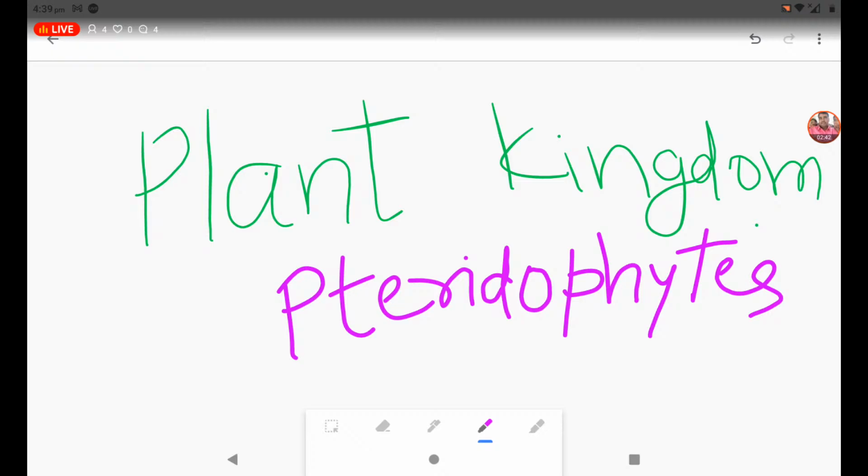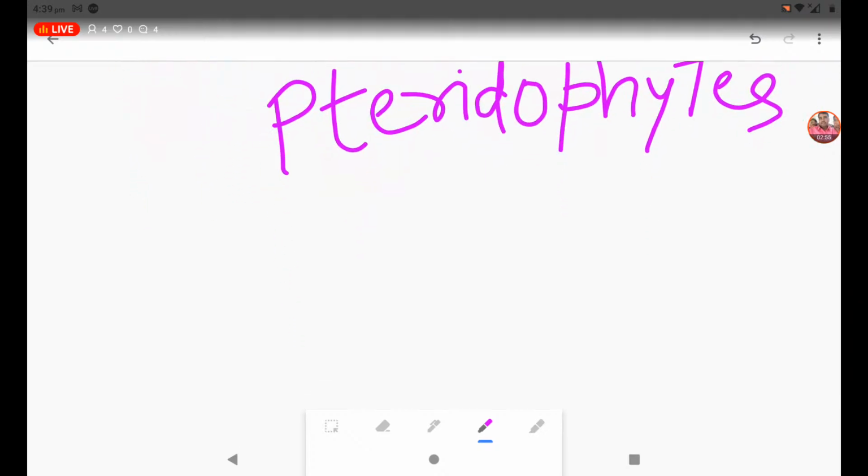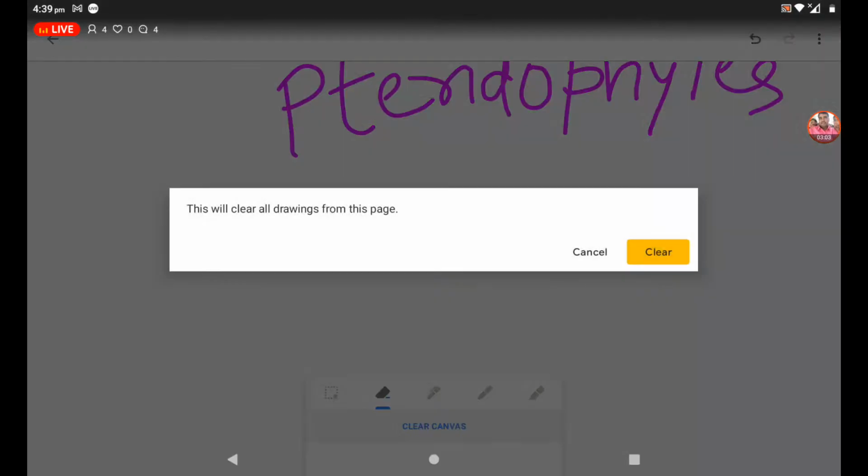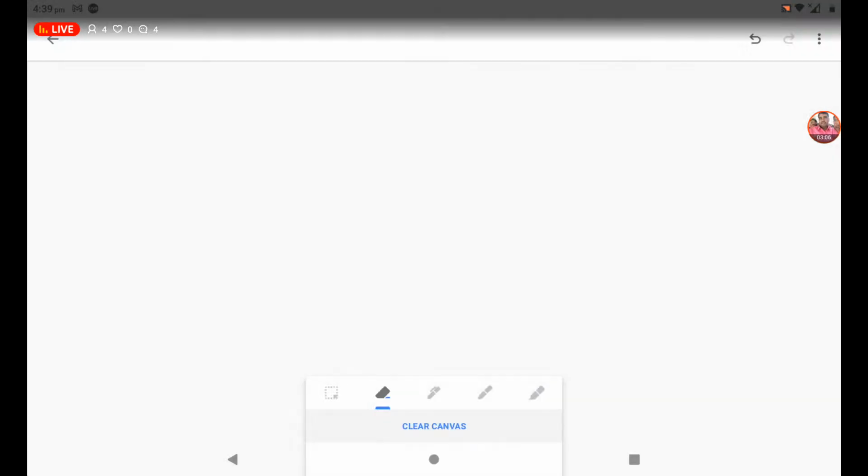Before entering into it, we will discuss what is Gametophyte and what is Sporophyte. I will discuss this difference, and after that I will go to Pteridophytes. Every plant exhibits two alternations.